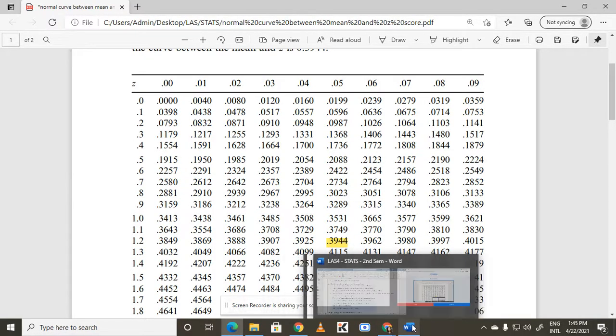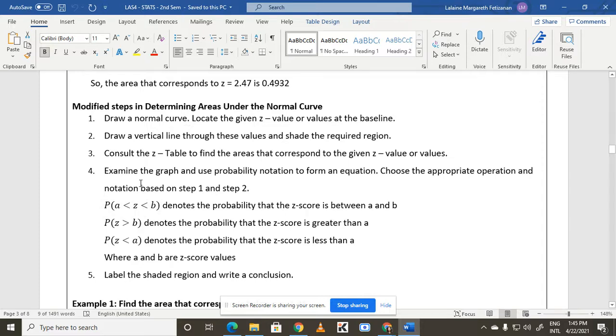The next step is you examine the graph and use probability notation to form an equation. Use the appropriate operation. It can be subtraction, it can be addition. And then these are the notations. We read this as the probability of z is greater than a but less than b. So, meaning this notation is for between two values.